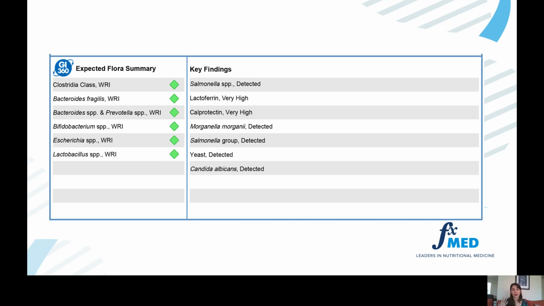And then stage 2, the organs and tissues being affected. So here we've got very high lactoferrin and very high calprotectin. These tell us that there is inflammation in the gut. And calprotectin and lactoferrin are sometimes used as markers for the presence or progression of IBD.